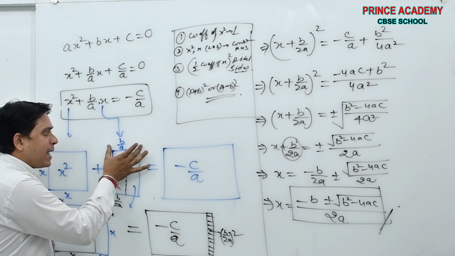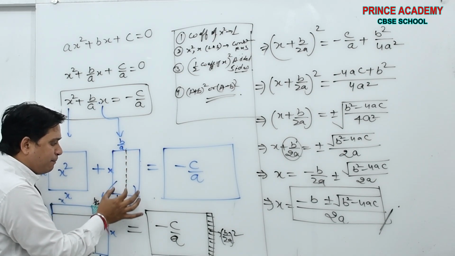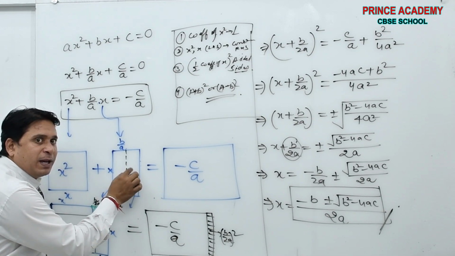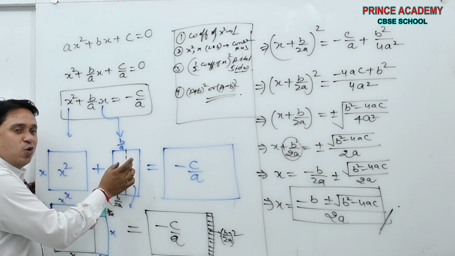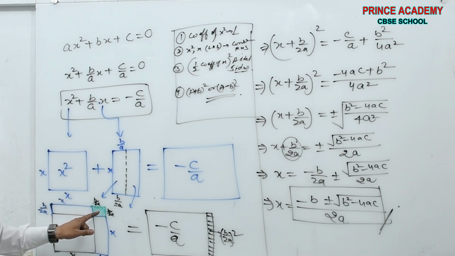It was b by a, so half of it is b by 2a. So this is x into b by 2a, and this is also x into b by 2a. These two rectangles were attached one here and one here. It was the portion vacant.